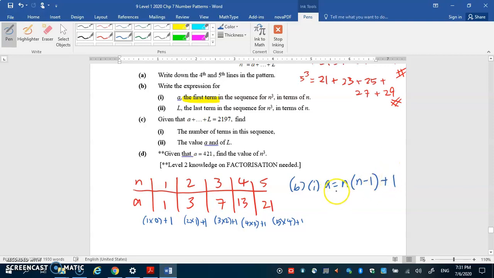So when n is 4, for example, 4 times (4 minus 1), you get 4 times 3, 12, 12 plus 1, 13. That's how you get the term itself. So you expand this using a rainbow, and you will get n squared minus n plus 1. This is your B part 1.